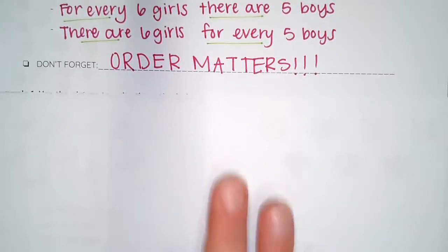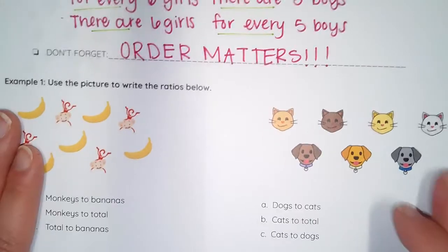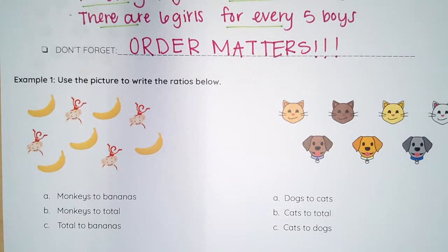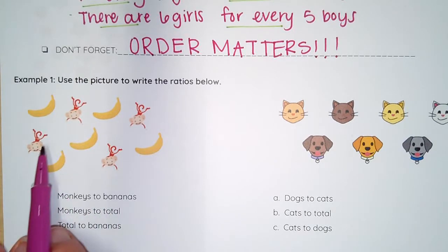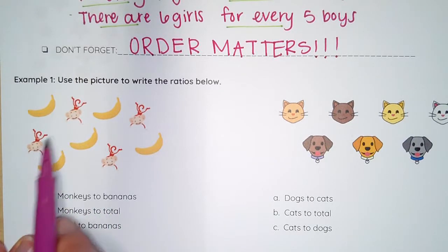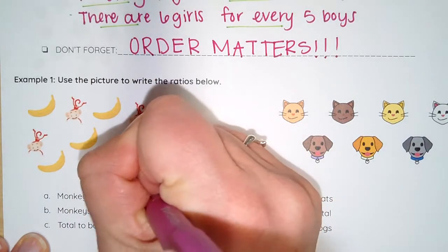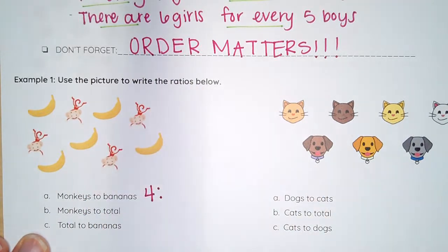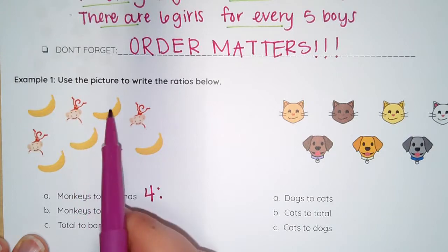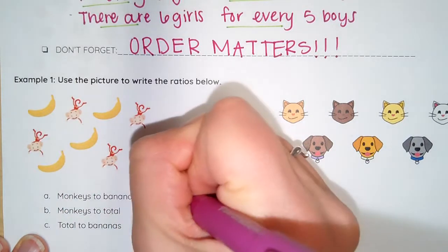All right, let's go ahead and try a couple of examples. We have a picture of monkeys and bananas. Monkeys to bananas. I would count there are 4 monkeys, so that would come first. Then 1, 2, 3, 4, 5 bananas.